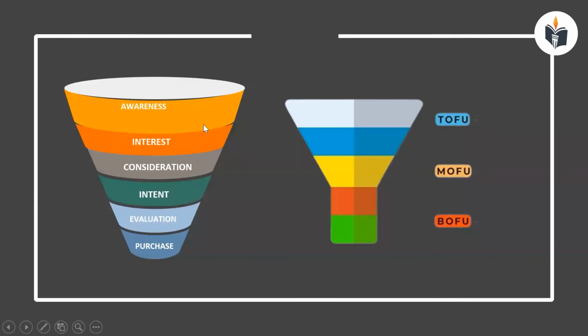Awareness and interest developed while you are walking on the streets. Then what happened? You considered some products and offers. Then you went inside the store to check, or on their shop to check what is there. Okay, and you start looking at the product. So now you have an intent.